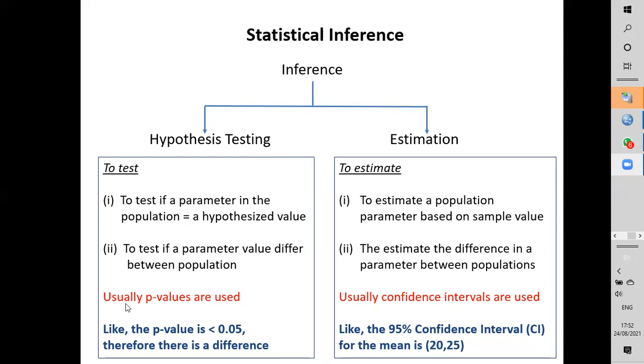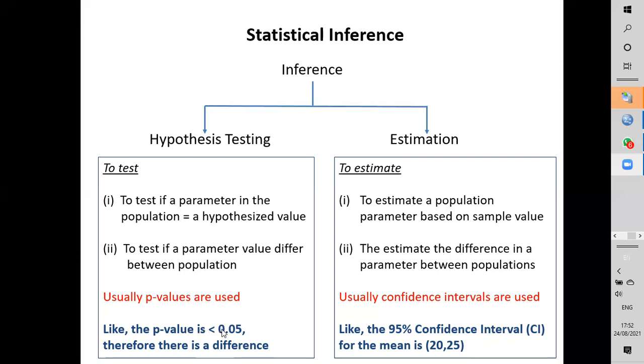In this, normally we use a p-value. Just now we used the p-value for testing normality, right? The same p-value here. If the p-value is less than 0.05, therefore there's a difference. We're asking whether there is a difference between the two, and the evidence comes through this p-value.